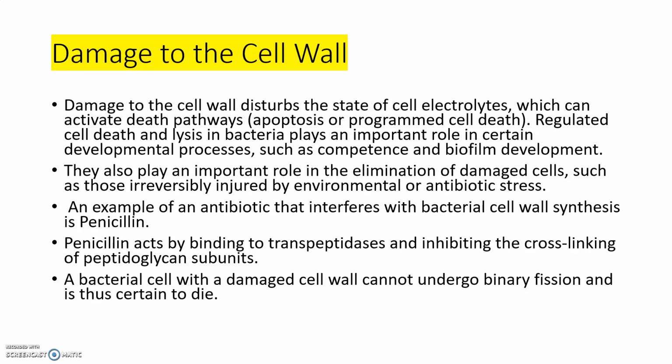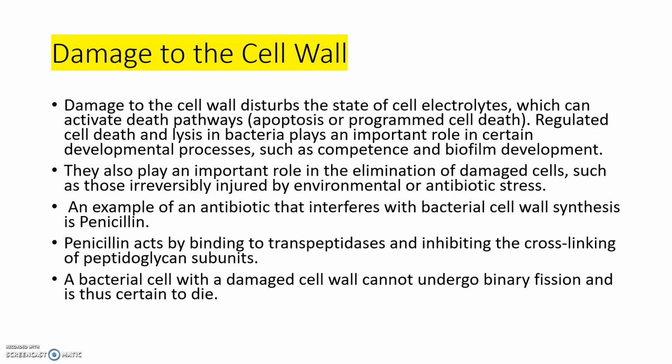This penicillin may interfere in bacterial cell wall synthesis, that means peptidoglycan assembly. How does it act? Penicillin acts by binding to transpeptidase. I have already told you that there are certain enzymes in the periplasm. Penicillin binds to this enzyme transpeptidase, and it causes inhibition of cross-linking of peptidoglycan subunits. So the peptidoglycan subunits don't cross-link because of the action of penicillin.